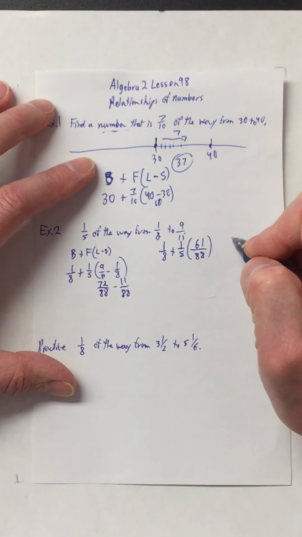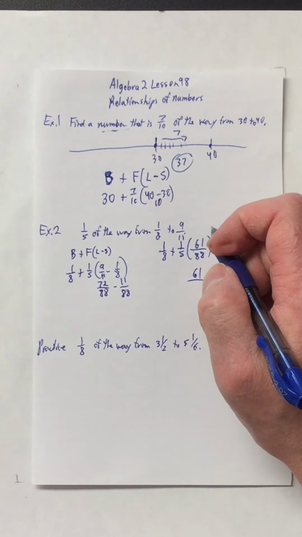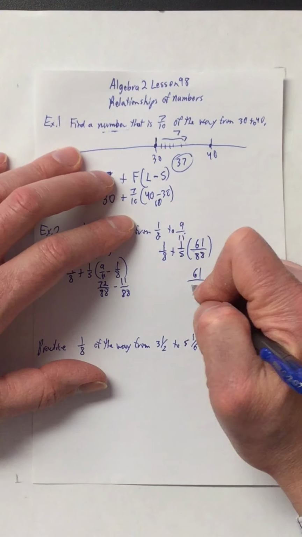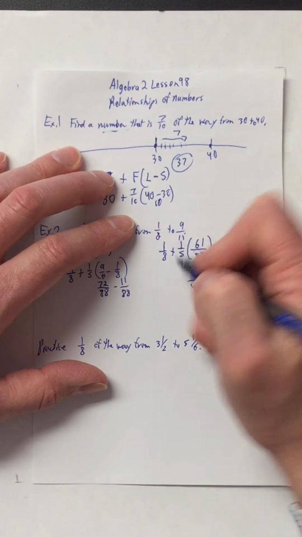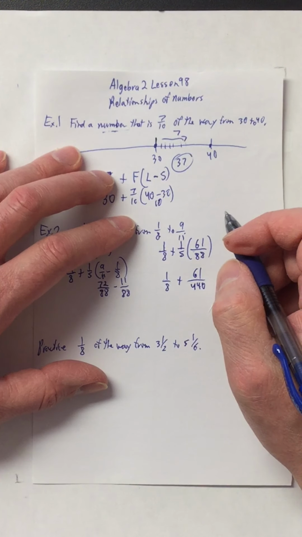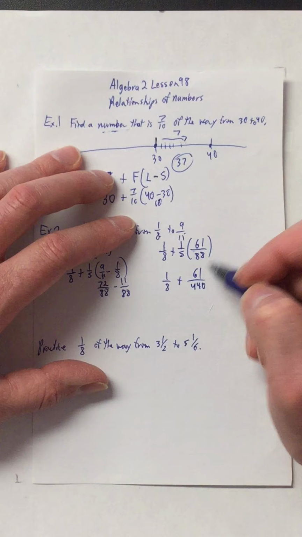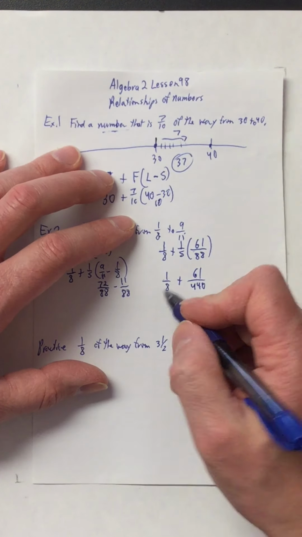Okay, so then my next step is to multiply these two. So 1 times 61, that stays the same. I get 61 over, and on the bottom, 5 times 88 is my large number of 440. So I have 1/8 plus 61/440. I'm thinking this is not reducible, otherwise I would reduce it. Let's change this one.